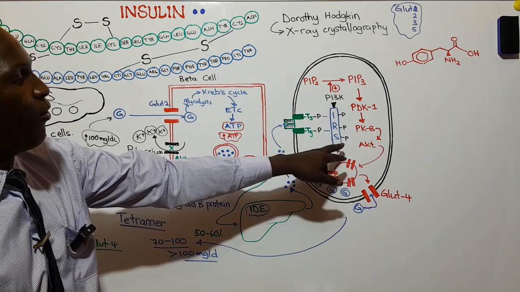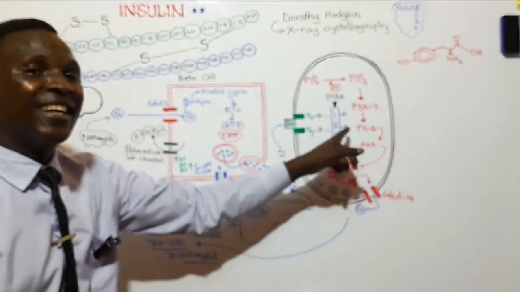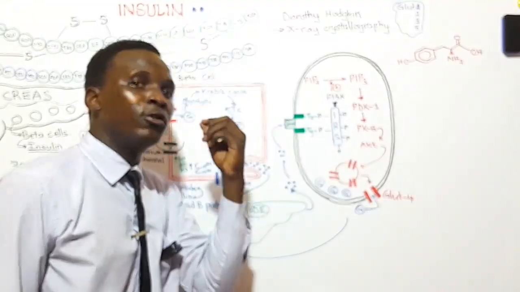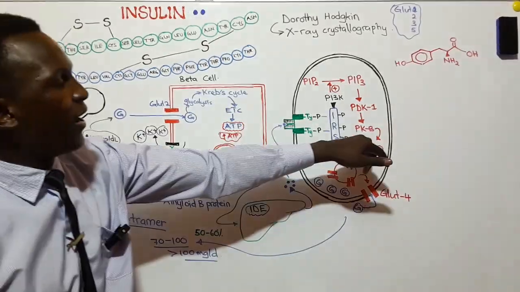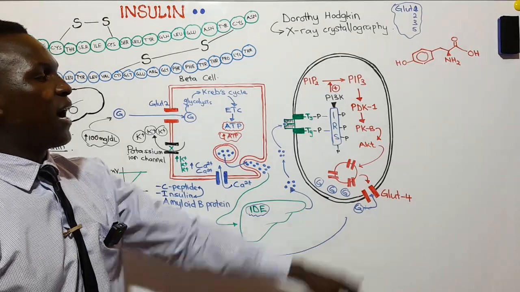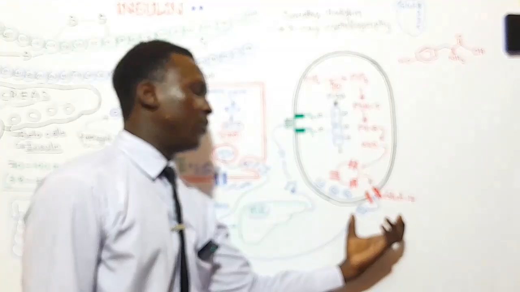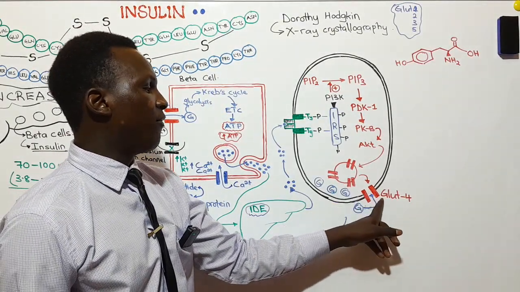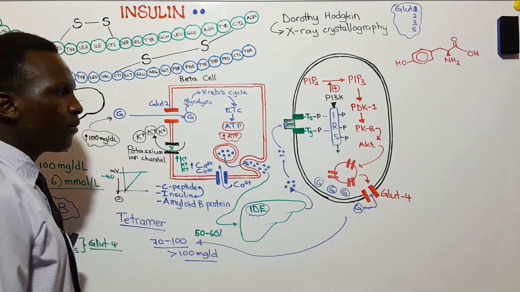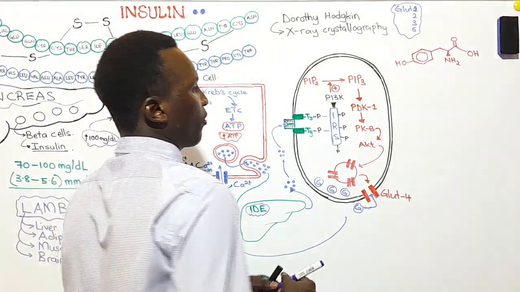Because of that, it will phosphorylate them, resulting into activation, which acts as a docking site for PI3K. PI3K converts PIP2 to PIP3. PIP3 activates PDK1. PDK1 activates PKB. PKB activates AKT. AKT causes gene expression, okay? Which results in formation of the vesicles which have the glucose transport channel 4, okay? Then allows for entry.